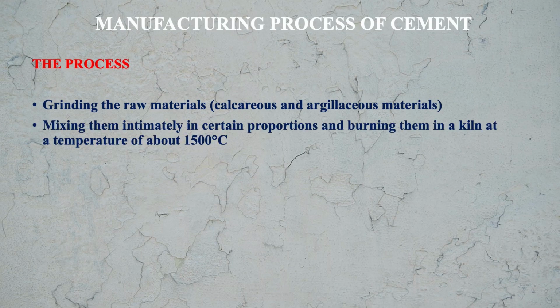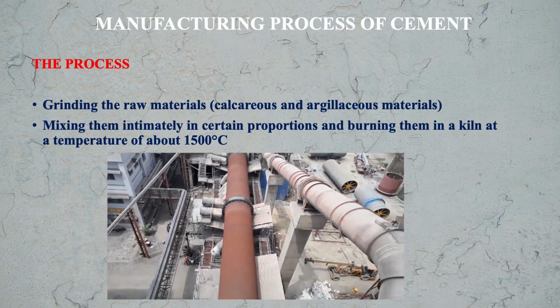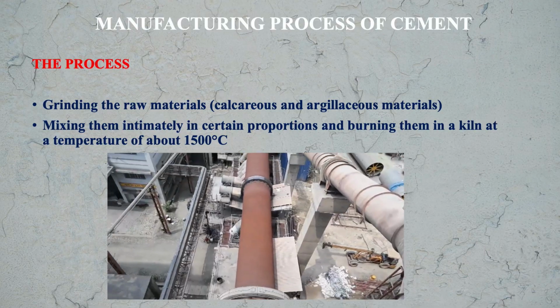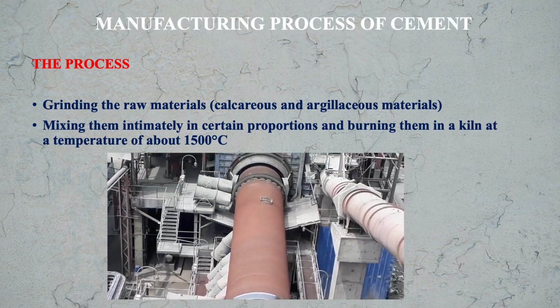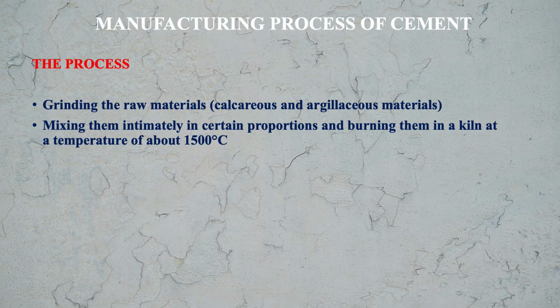Then mixing of these materials is done intimately in certain proportions. It is not that you can just mix any amount of argillaceous material and any amount of calcareous material. A certain proportion is used for mixing them, and then burning in a kiln is done at a temperature of about 1500 degrees centigrade, a very high temperature.